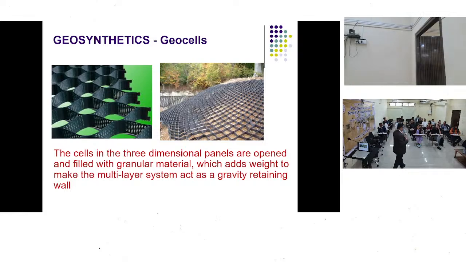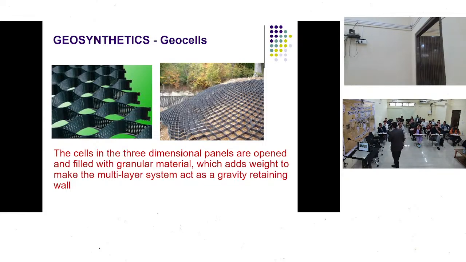But suppose I confine that granular material on the sides. It's open from top and bottom, but on the sides, if I restrain it laterally, then how much load is it going to take? That load will be equivalent to the crushing strength of that material. If it is unconfined, it is equivalent to the shear strength of that material. But if it is confined, it is going to be equal to the crushing strength.